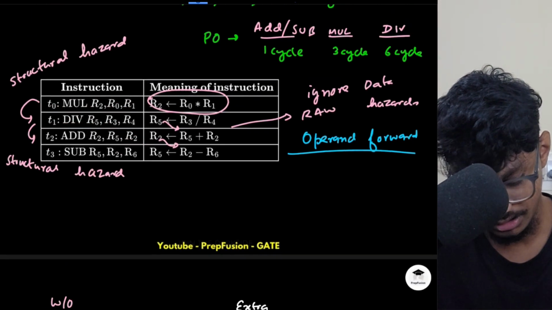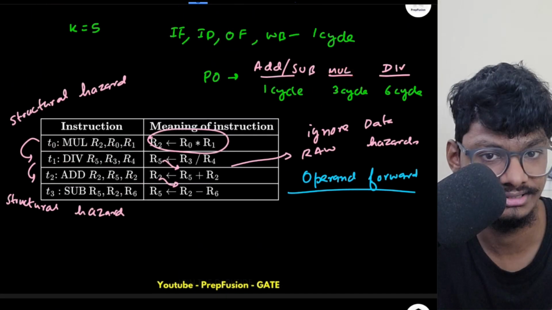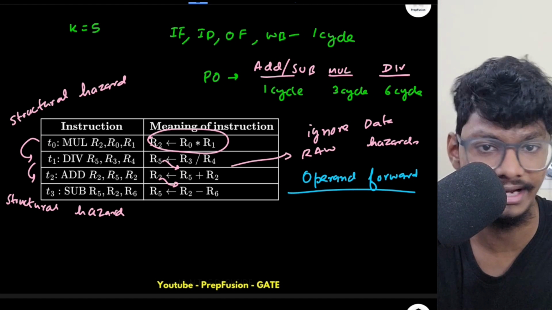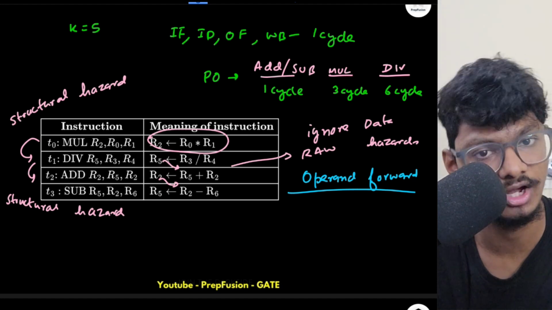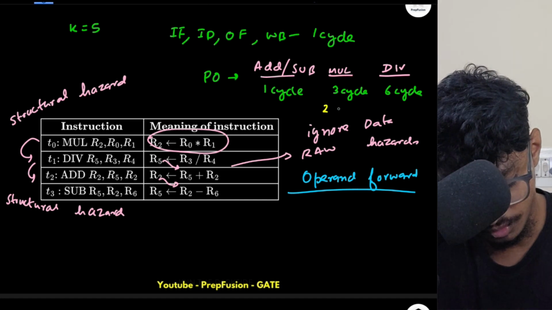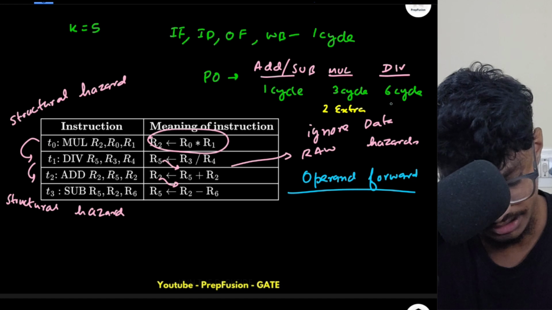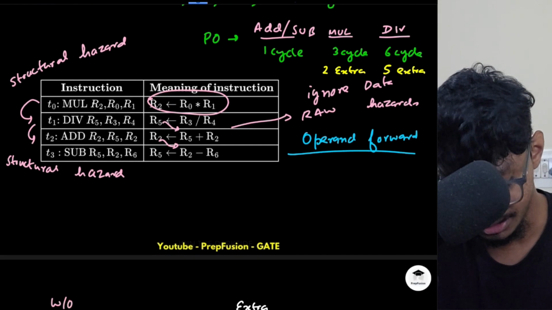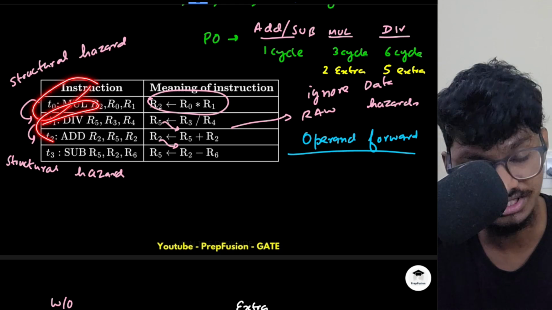For multiplication, how many extra cycles does it take, excluding the one cycle that every micro operation anyway takes? It takes 2 extra. Division will be 5 extra. So how many multiplication instructions do I have? 1. How many division instructions do I have? 1.